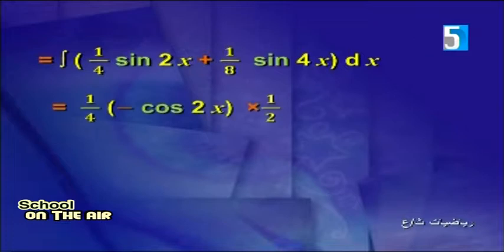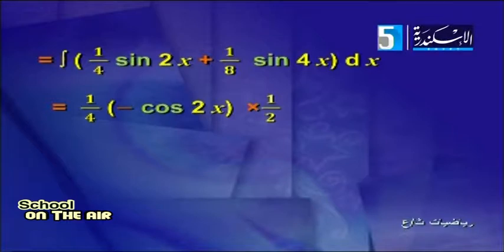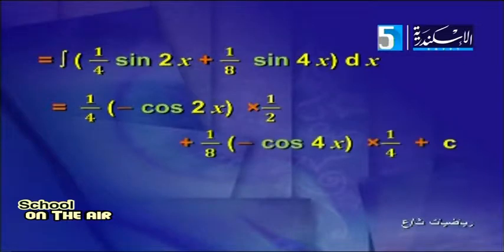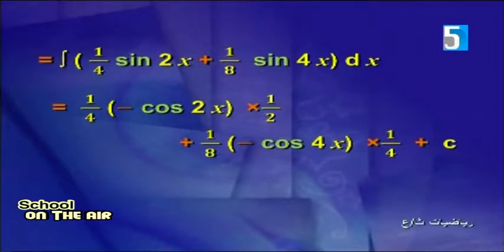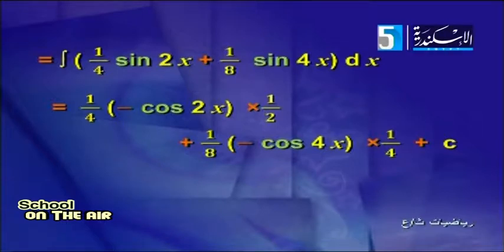The integration of quarter sine 2x is quarter multiplied by negative cosine 2x times 1 over 2, where 2 is the coefficient of x in the angle, the derivative of the angle 2x, plus 1 over 8 multiplied by the integration of sine 4x, which is negative cosine 4x times 1 over 4, where 4 is the derivative of the angle 4x, plus constant c.